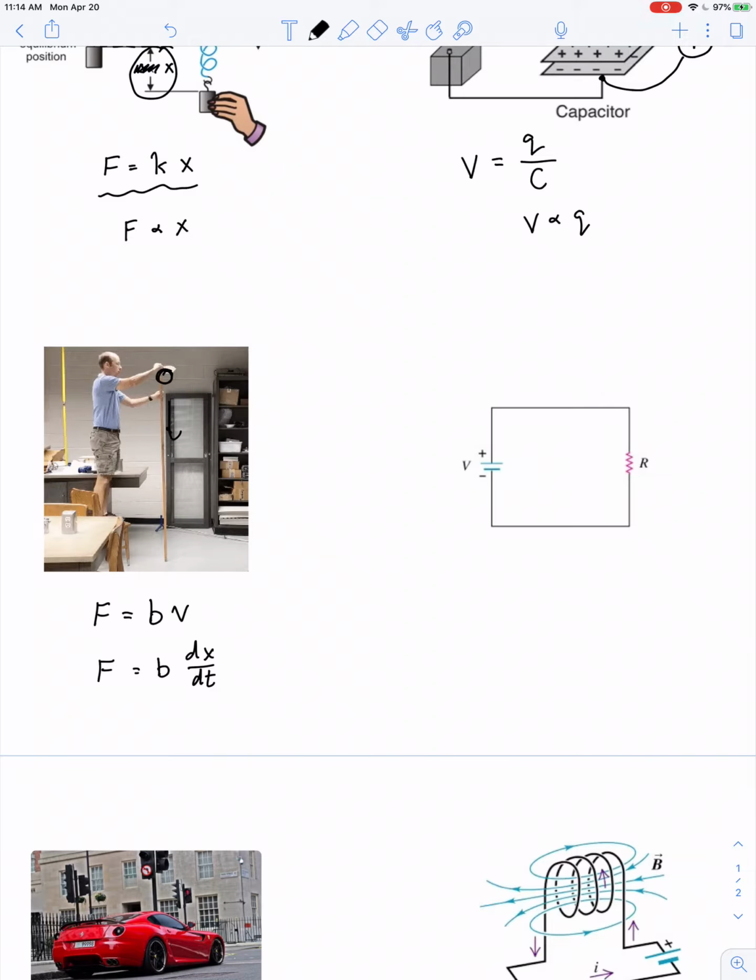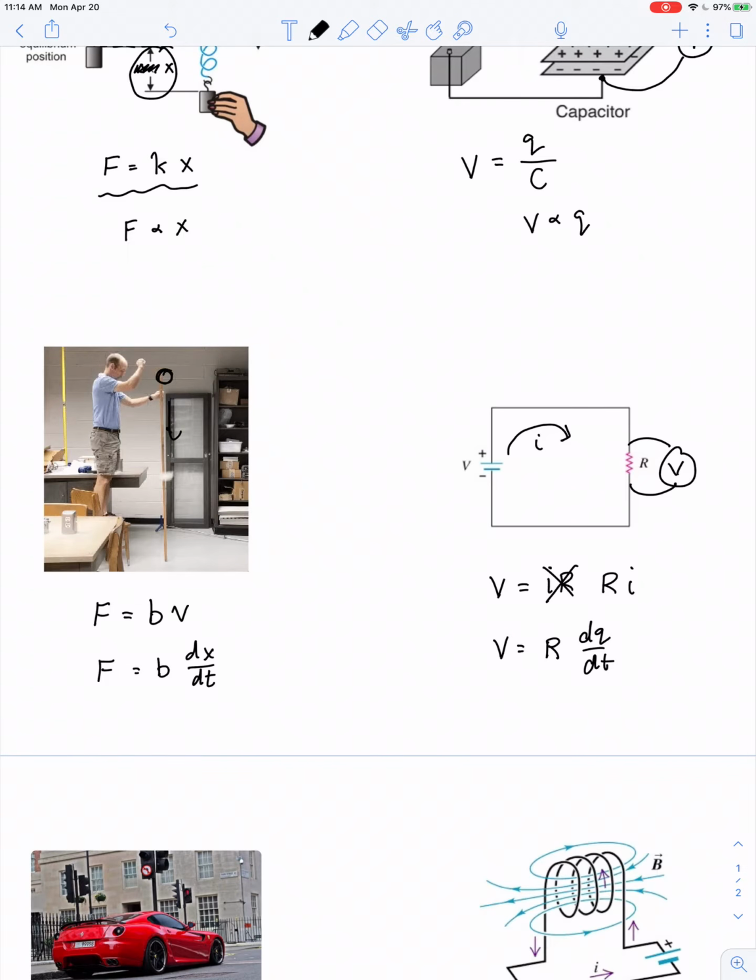In the case of resistance, there's a voltage across the resistor. If conventional current flows clockwise in this circuit, then there's a voltage measured across the resistor, and that voltage can be explained in terms of Ohm's law. We can say V equals IR, or just as well V equals R times I, but that's equivalent to saying the voltage is equal to R times dq/dt.